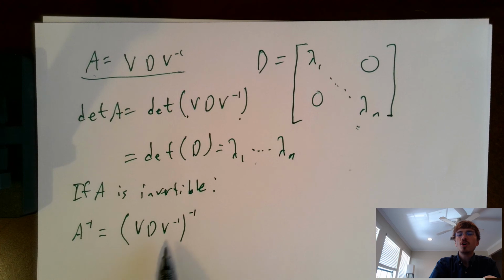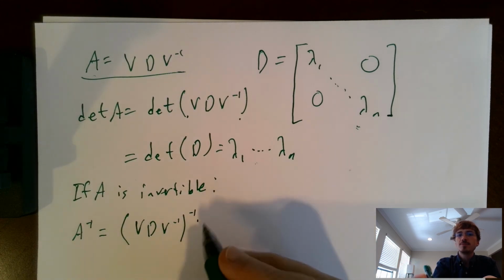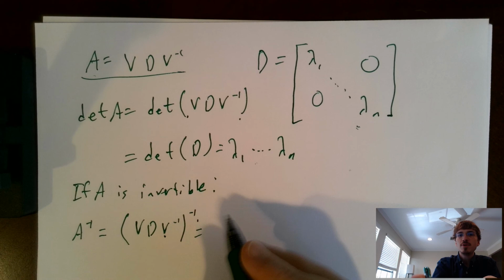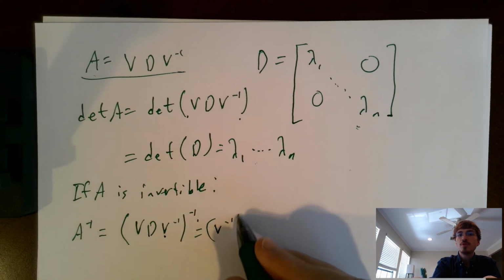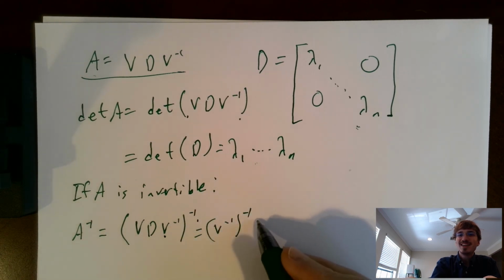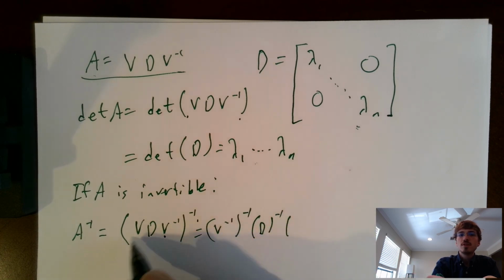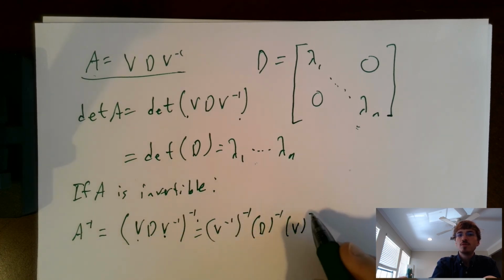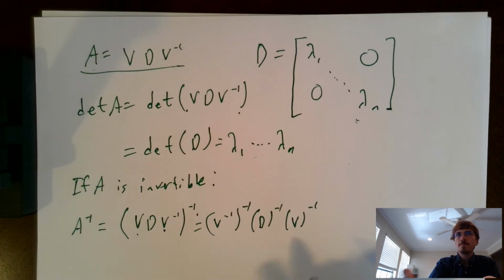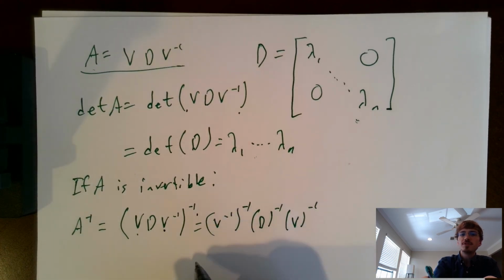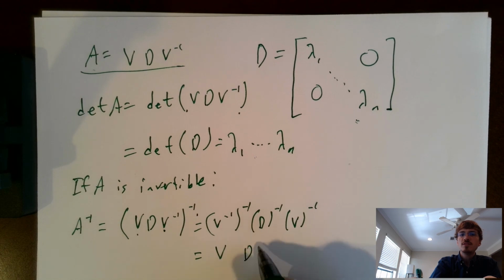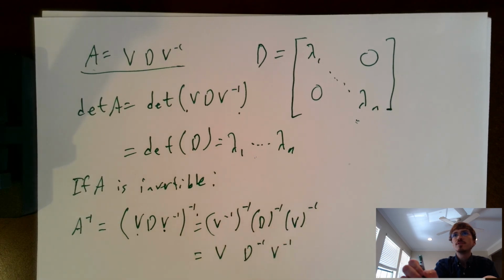And as we recall from earlier in the course, how do we take the inverse of a product of a bunch of matrices? The order flips, and everything gets an inverse, right? So this is going to be this matrix, V inverse, but with an inverse, times the next matrix, D, with an inverse, times V, with an inverse. What's V inverse inverse? That's just V. So we have V, D inverse, V inverse.